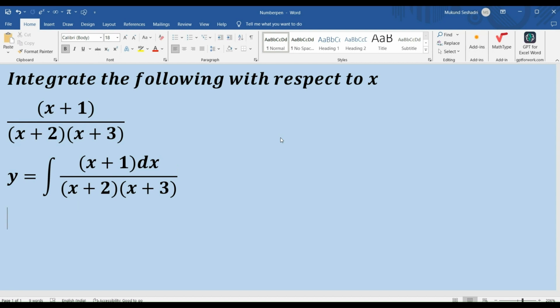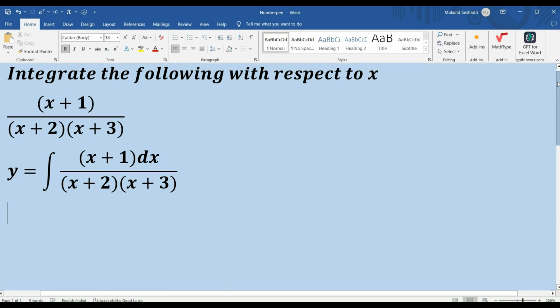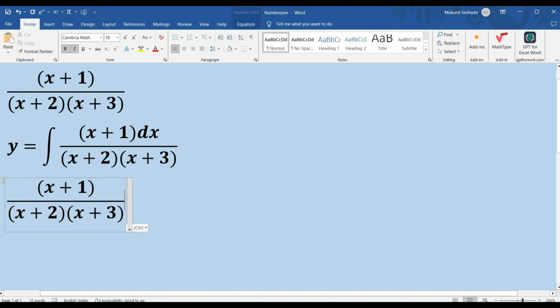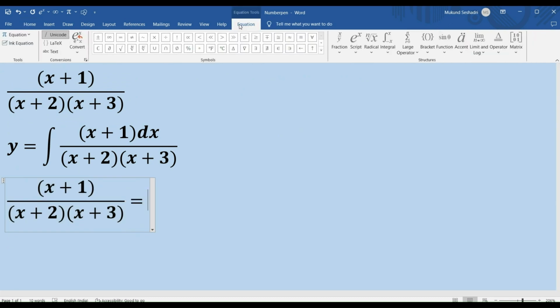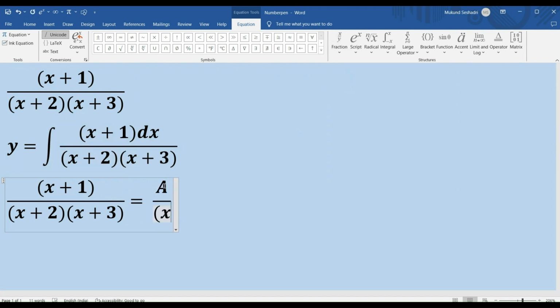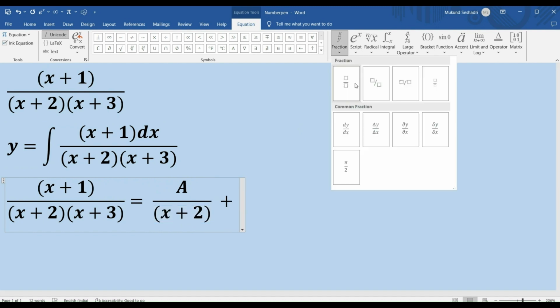I'm going to keep y aside for a moment and pick up the given expression and rewrite it in the format which we usually use when resolving an expression into its partial fractions, right? So let's write it as a divided by (x plus 2) plus b divided by (x plus 3), right?